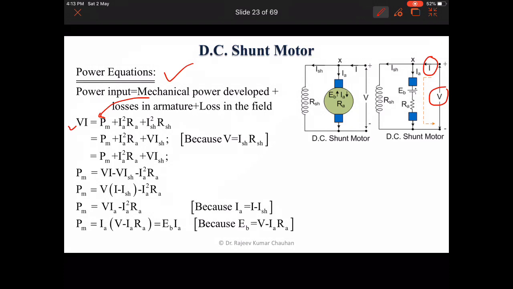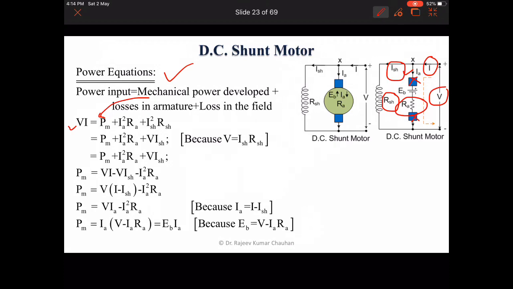Losses in the armature means power losses in the armature circuit due to armature resistance. The armature current is IA, so the power loss in the armature is IA squared RA, plus the power losses in the field. We have the shunt field winding and the current is ISH, so ISH squared RSH, if we neglect the power losses in the brushes.